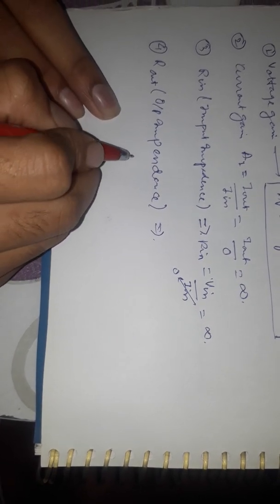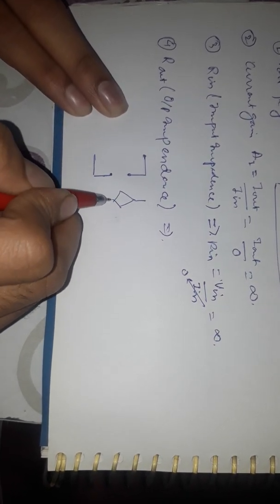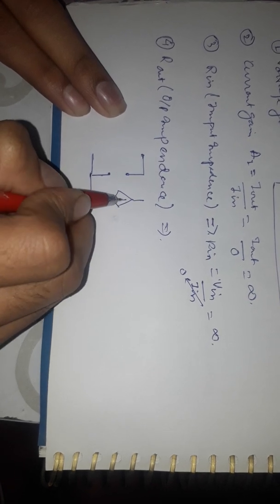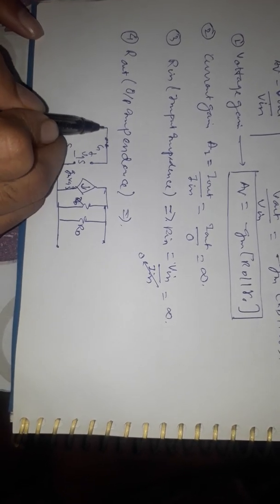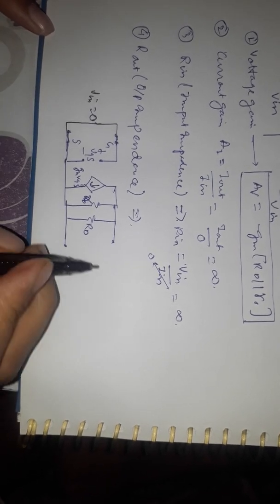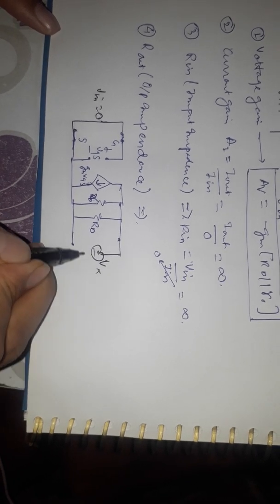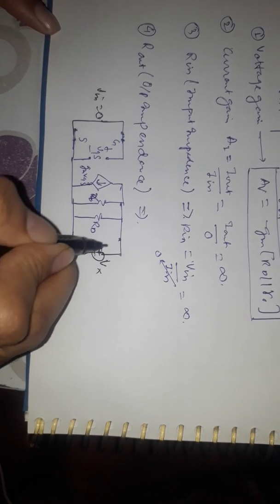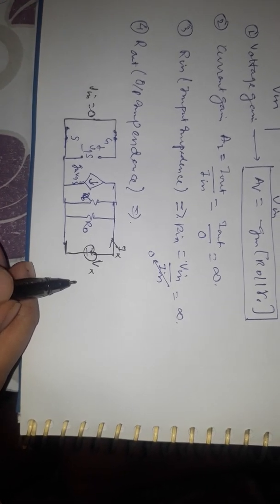The circuit is like this. As I said, we will short circuit the input. This Vin is equal to 0, and we will consider the voltage source Vx at the output, and let us assume Ix is the current given by this Vx.